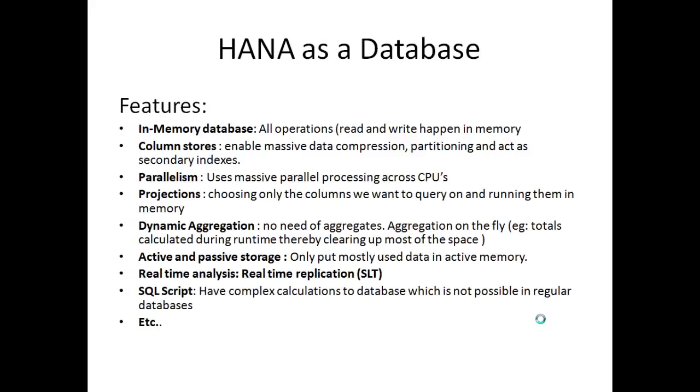Only that data can be put in memory and used for computations. Then we have real-time analysis because of SLT, which is SAP Landscape Transformation, the table-to-table mapping in HANA, which enables real-time analysis. And then we have SQL script, which can perform really complex calculations, and you can analyze data in a very complex way because we can use SQL script.